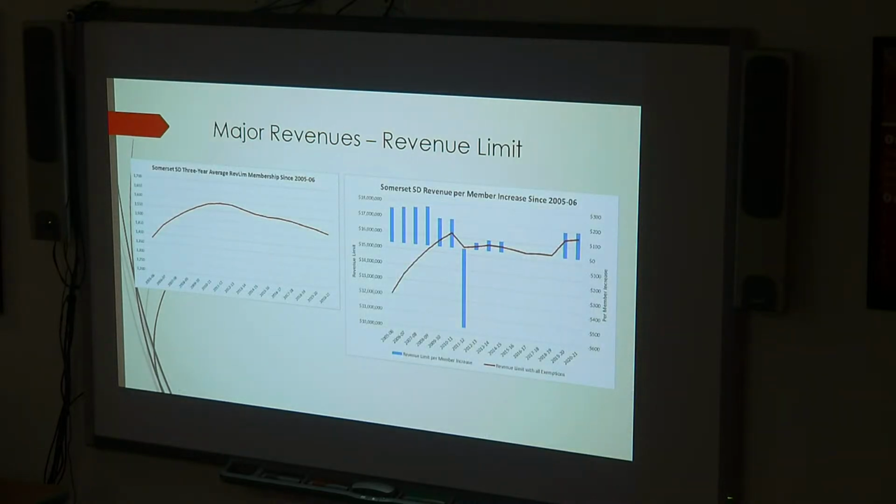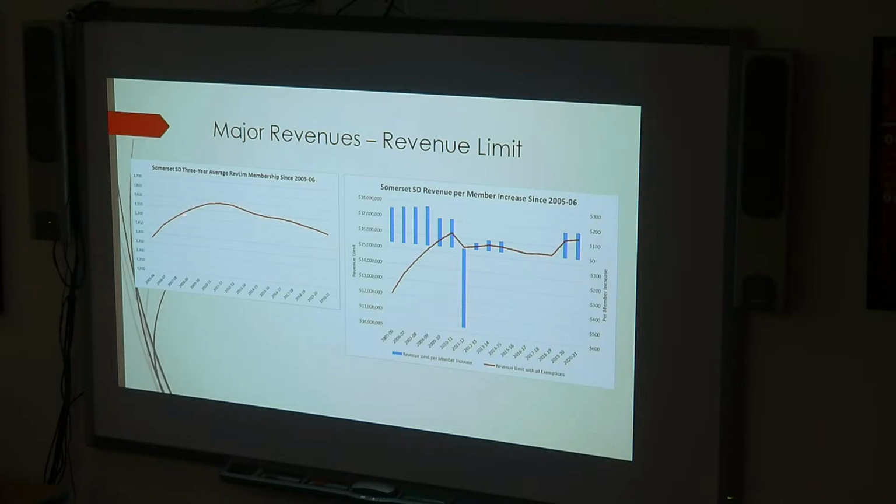Now, I don't want to get bogged down too much, and so I apologize if this is a little confusing. Here is our 3-year average revenue limit membership. So each year is a 3-year average for the 2 years prior in that year.